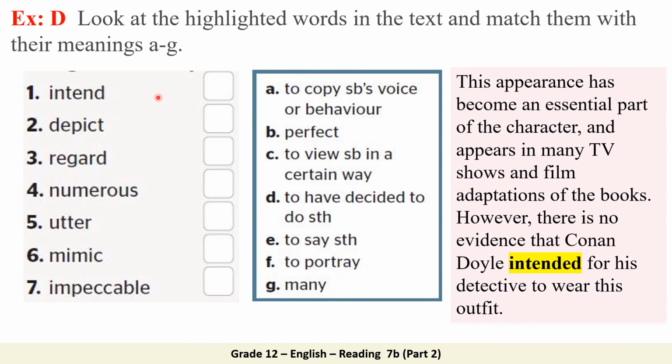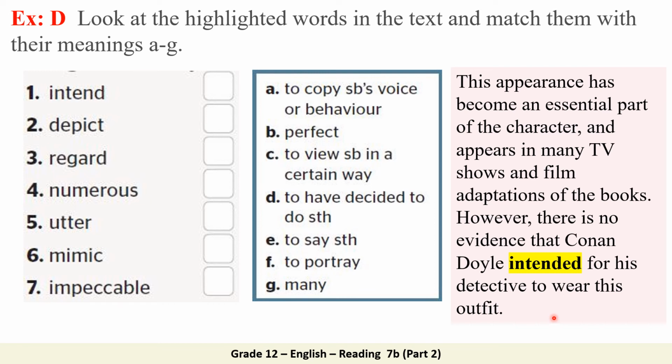What does the word intend mean? This appearance has become an essential part of the character and appears in many television shows and film adaptations of the books. However, there is no evidence that Conan Doyle intended for his detective to wear this outfit.